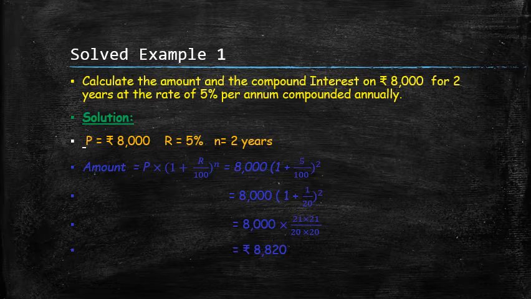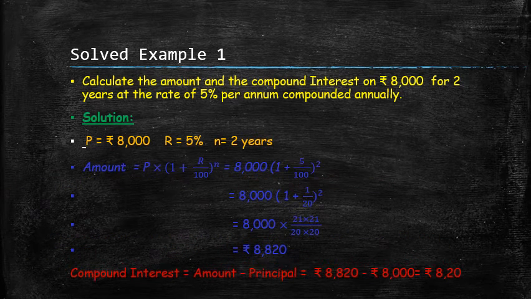That means the amount is equal to rupees 8,820. Again, we have to see for the compound interest. Compound interest is equal to amount minus principal. So that's equal to rupees 8,820 minus rupees 8,000. That's equal to rupees 820.